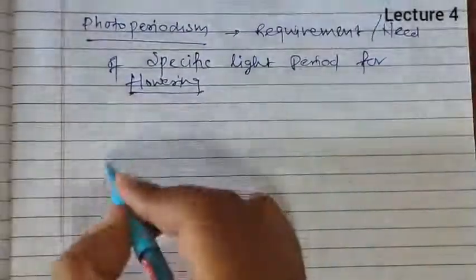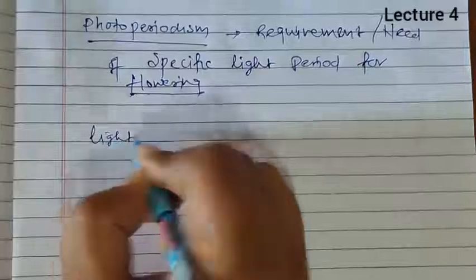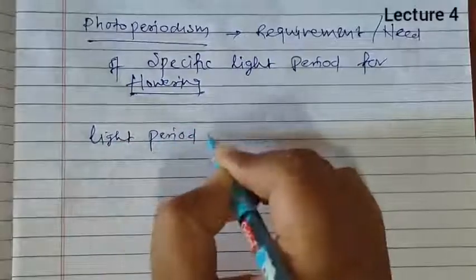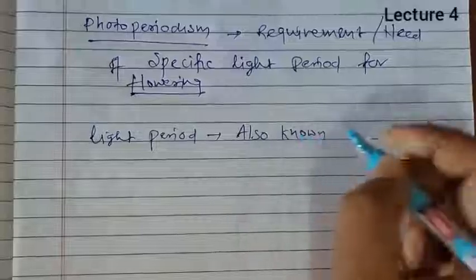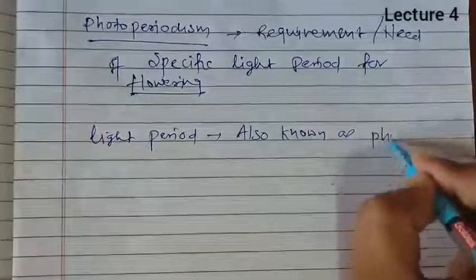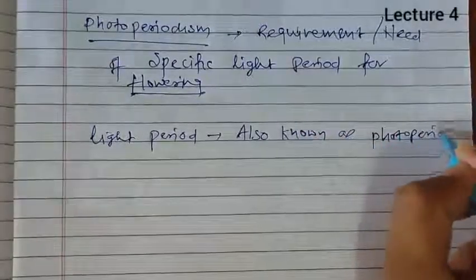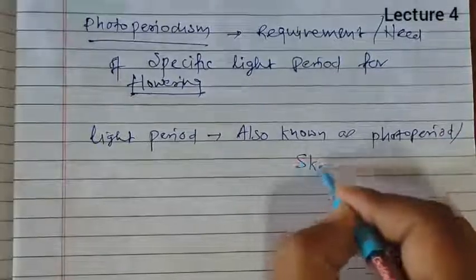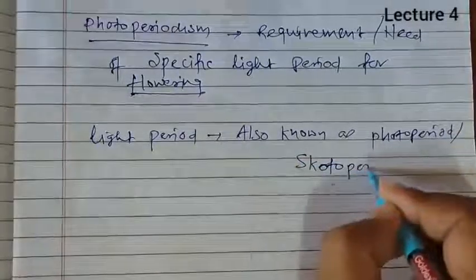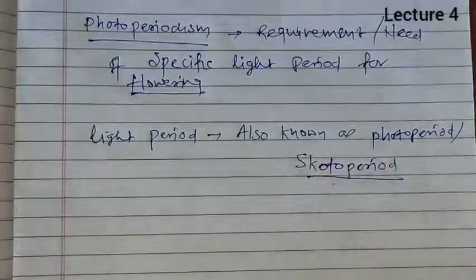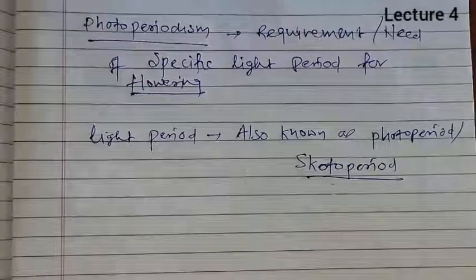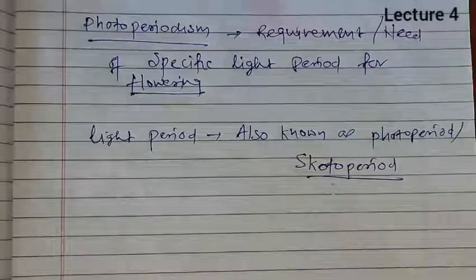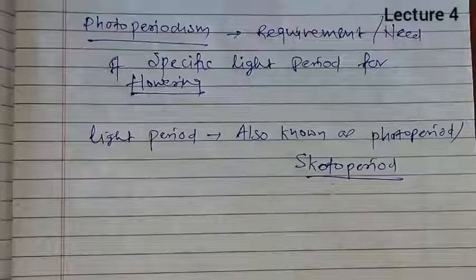Now in this, the light period is also known as photoperiod or scotoperiod. So it is a specific time requirement. It is the availability of hours of light for flowering. It is known as photoperiodism.